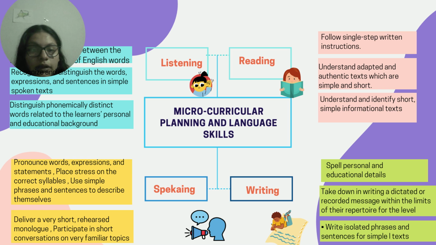Then here we have the speaking. In the speaking, here we have two stages. The first is the production, where students are going to pronounce words, expressions, and statements in their personal and educational repertoire, and avoid some misunderstandings, and also place the stress on the correct syllable of mono and polysyllabic words and sentences in their repertoire.